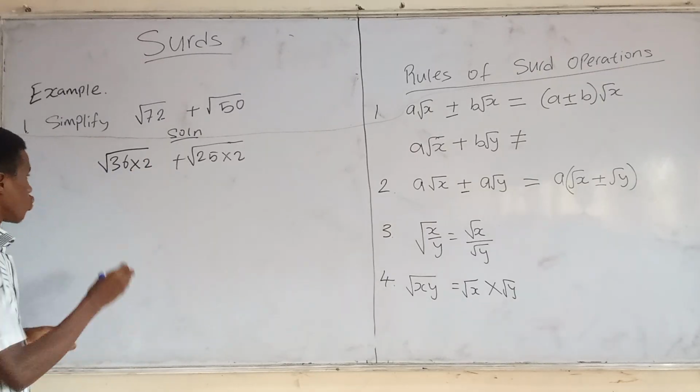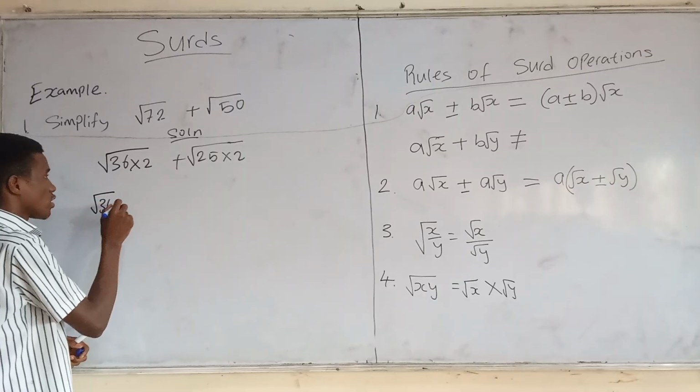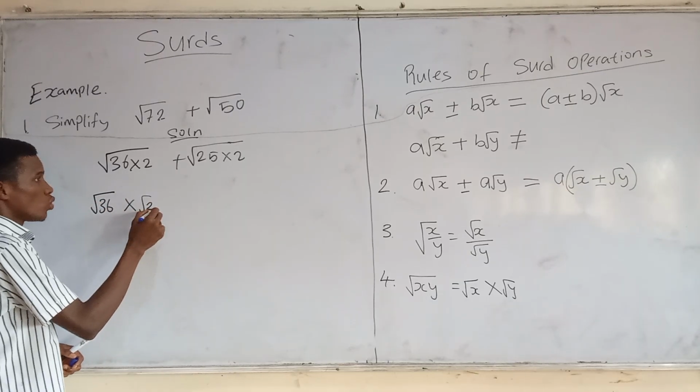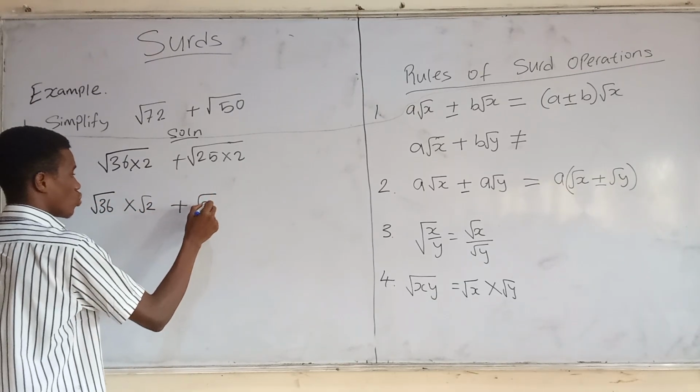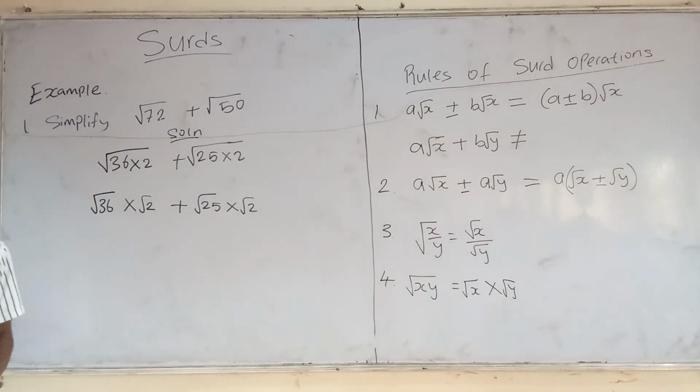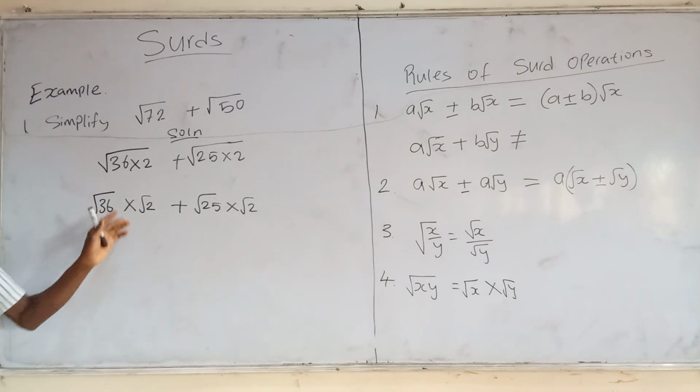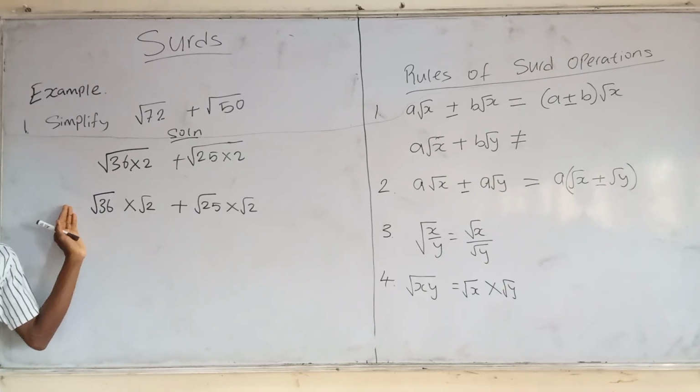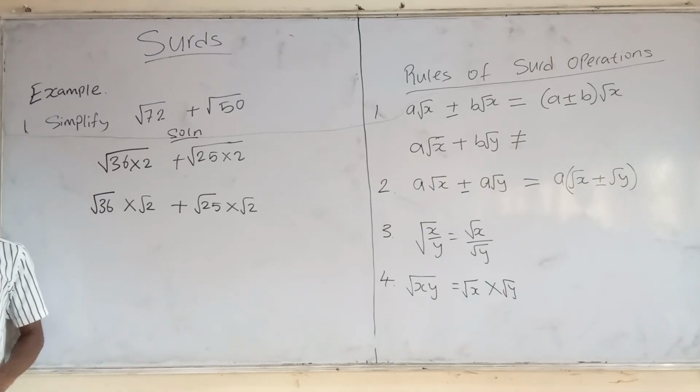So you go further and say surd 36 times surd 2 plus surd 25 times surd 2. Is that clear? But you see that this one is not a surd by definition. Why? Because the square root of a perfect square is rational. So when we express it, what do we have?